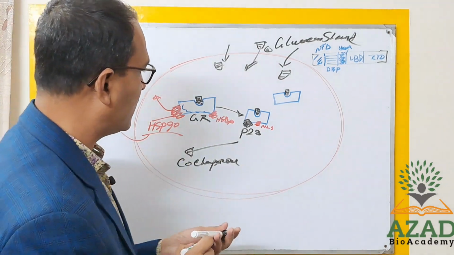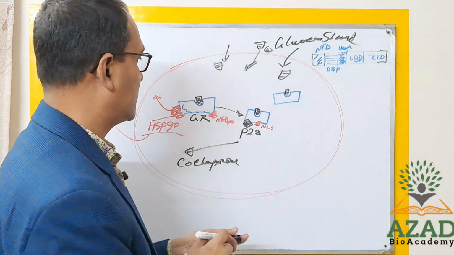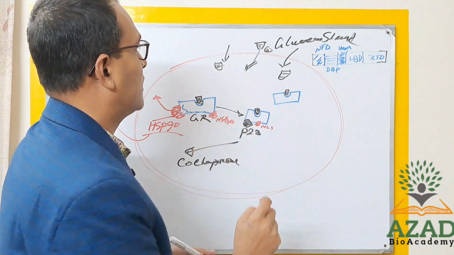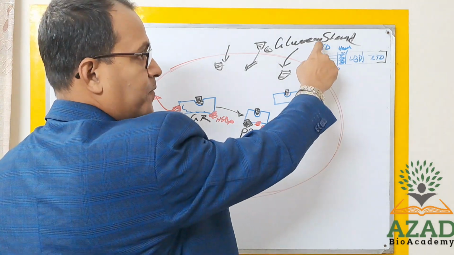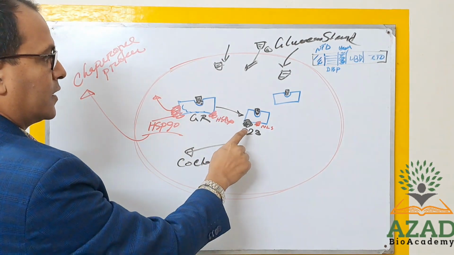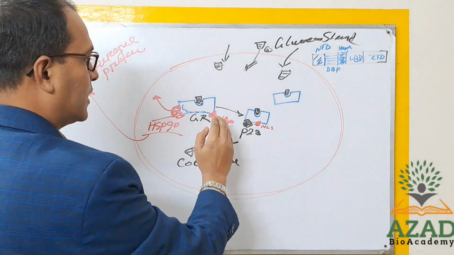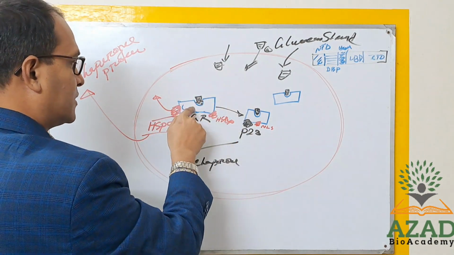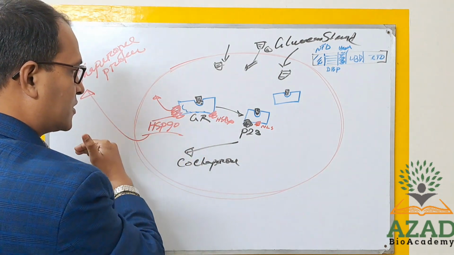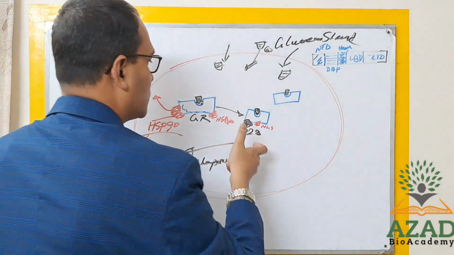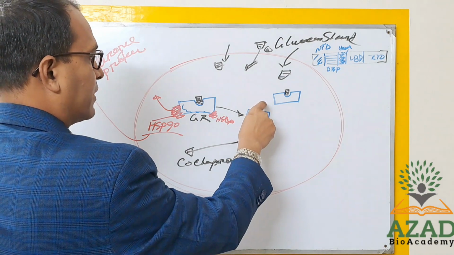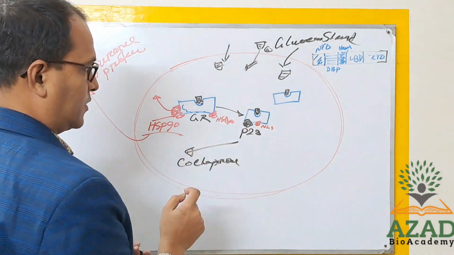Okay, that is nuclear localization sequence that is expressed within the receptor, in the N-terminal domain, by the help of P23.